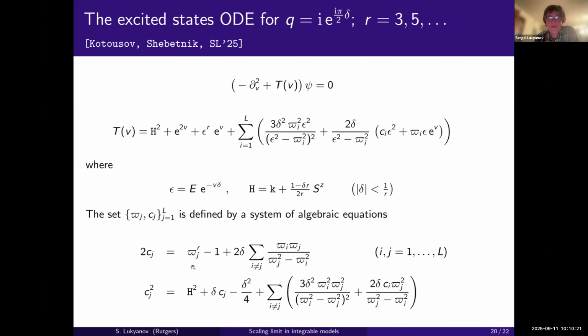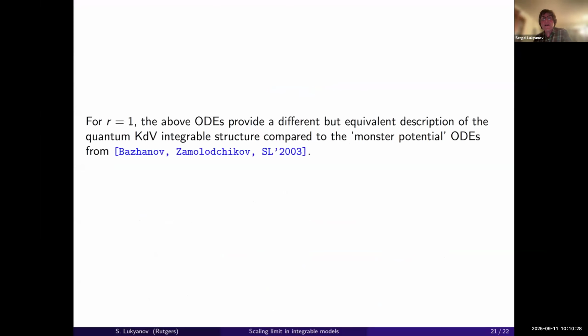What I would like to mention is that for R equal 1, the above ODE provides a different but equivalent description of the quantum KdV integrable structure compared to the monster potentials. The potential was introduced in our work with Volodya Bazhan and Sasha Zamolodchikov a long time ago.